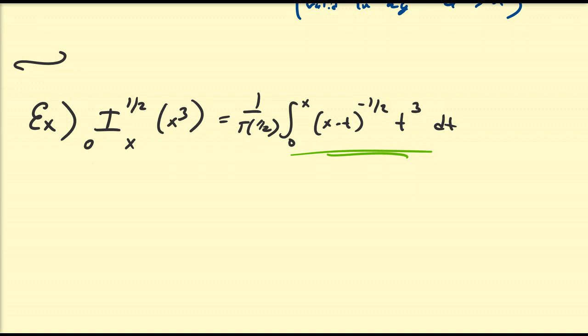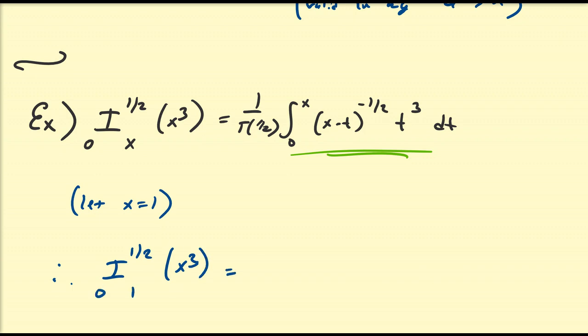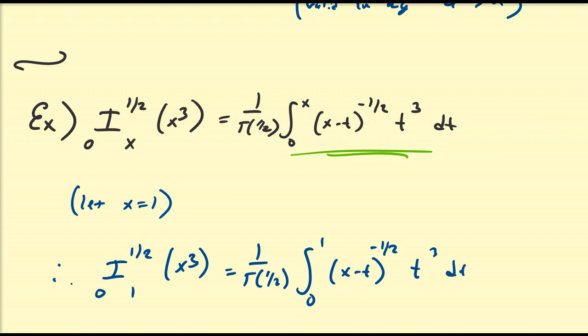So let's find the half integral of x cubed at a particular point. Let's find the half integral of x cubed at, say, x is equal to 1. So this is equivalent to finding the half integral of x cubed from 0 to 1, which is going to be equivalent to 1 over gamma of 1 half times the integral from 0 to 1 of (x minus t) to the power minus 1 half of t cubed dt.